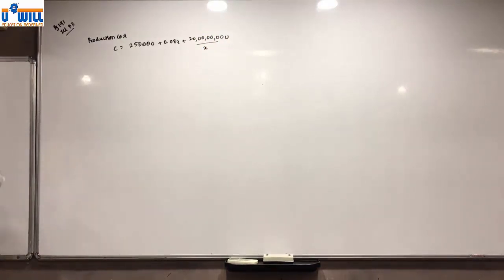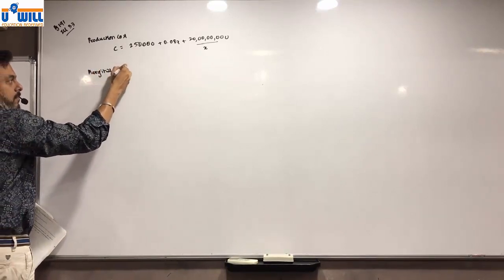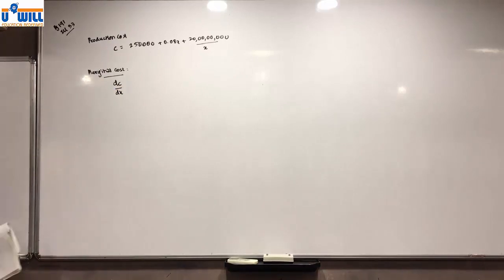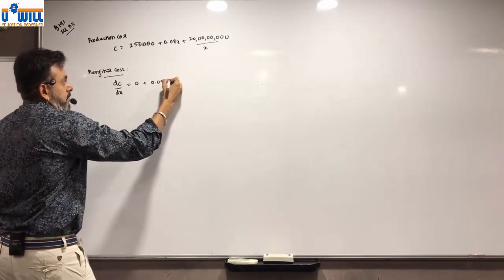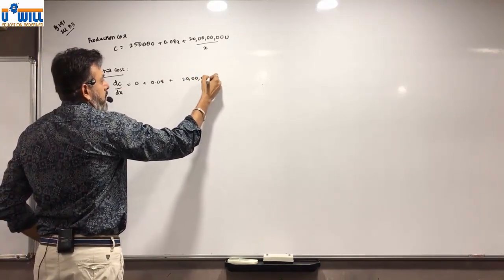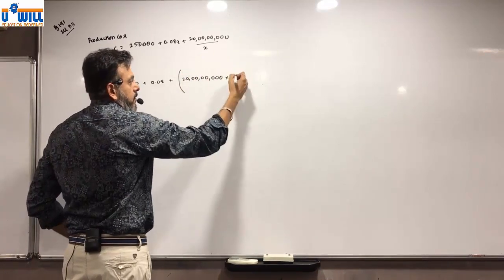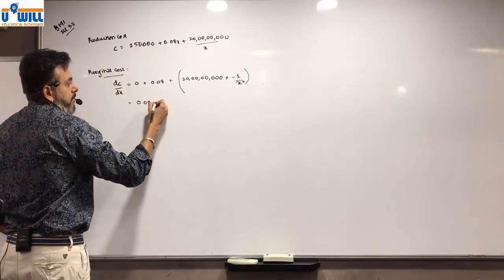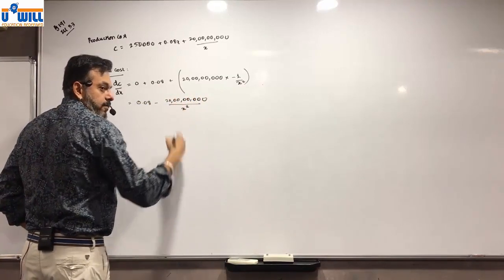What will we find first? Marginal cost or derivative of C with respect to X, which is the marginal cost, which is equal to 0 plus 0.08 plus 20 crore into 1 by x का डेरिवेटिव क्या है? minus 1 by x square, which is equal to 0.08 minus 20 crore upon x square.